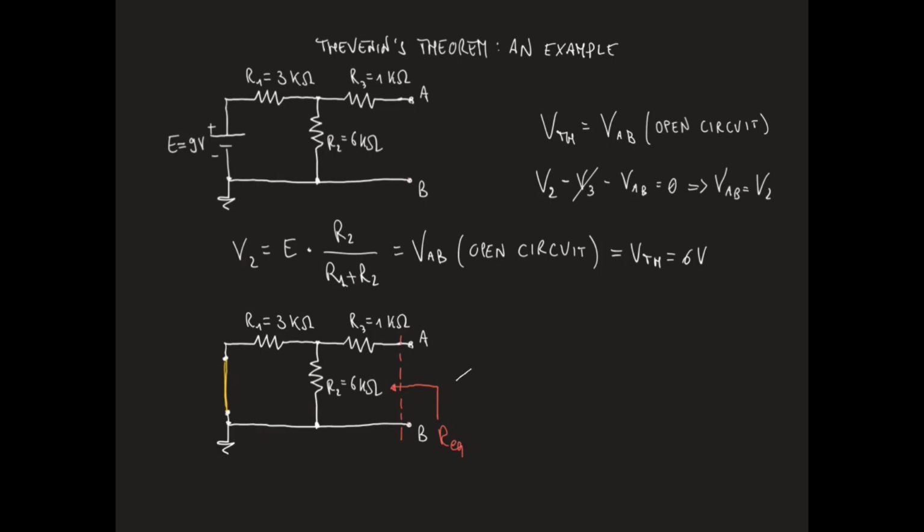Now, the circuit we see between nodes A and B consists of resistor R3 in series with resistor R1 which is in parallel with resistor R2.